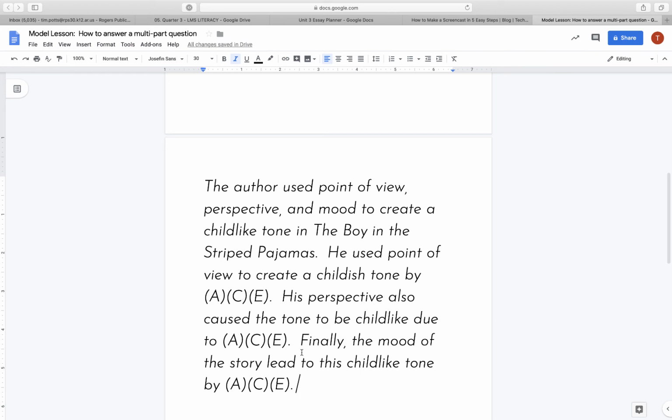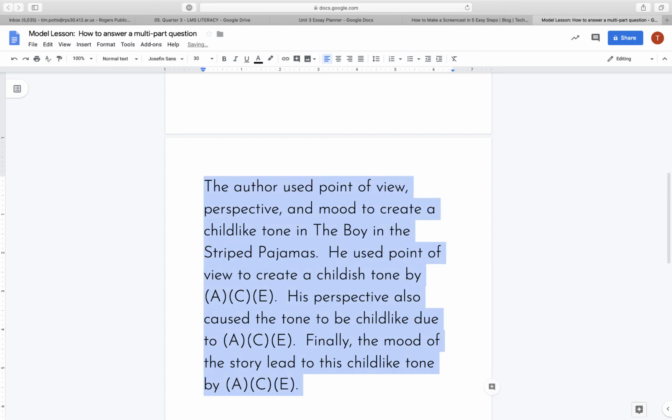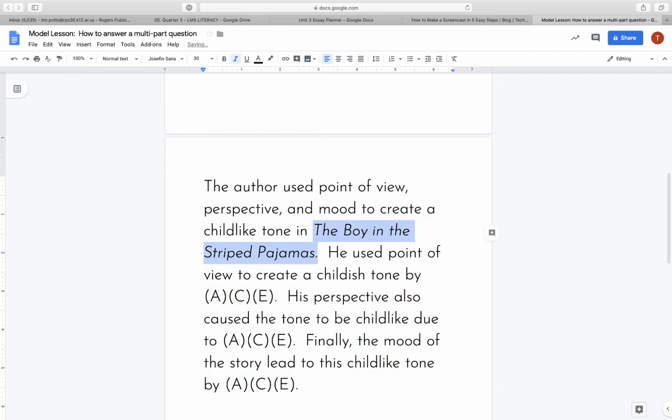And you're going to have to do some things to make it better. Like, look at how redundant this is. So the author used point of view, perspective, and mood to create a childlike tone in The Boy in the Striped Pajamas. By the way, when you have a title of a novel, you italicize it. The rest of it is italicized too, so we will make this unitalicized so that we can just italicize the title.